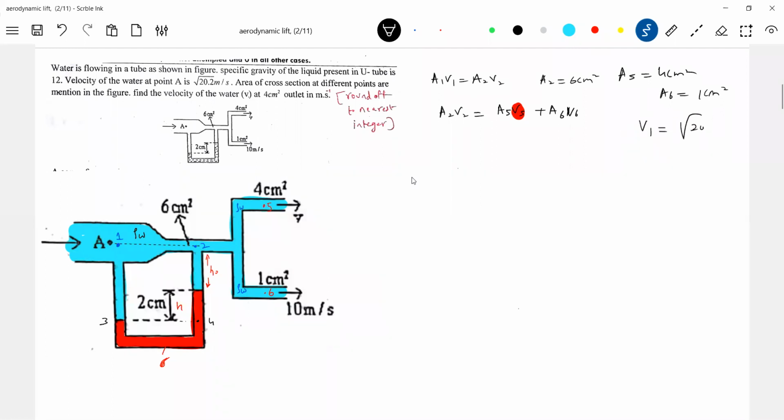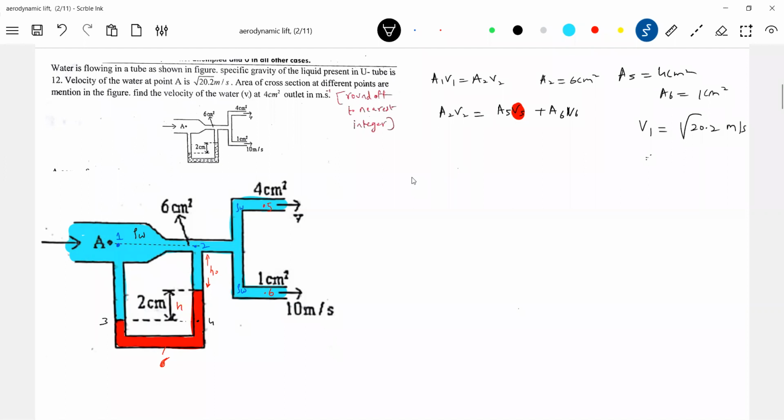V1 is root of 20.2 meters per second. V2 we don't know, A2 we know.